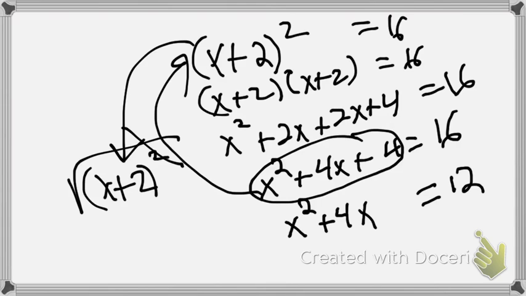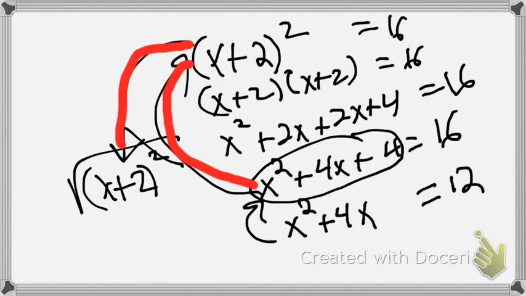So if I have something like x squared plus 4x, I think to myself, how do I make that x squared plus 4x turn into something like x squared plus 4x plus 4 that I can then use to turn into x plus 2 squared, which I can then take the square root of and get x by itself?